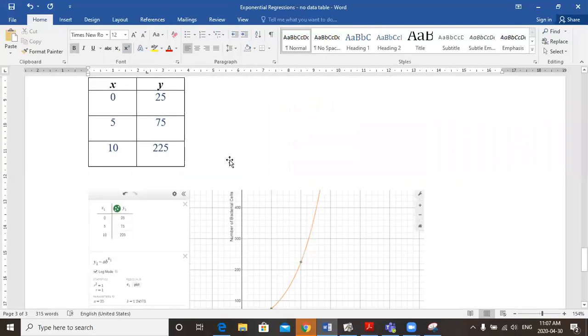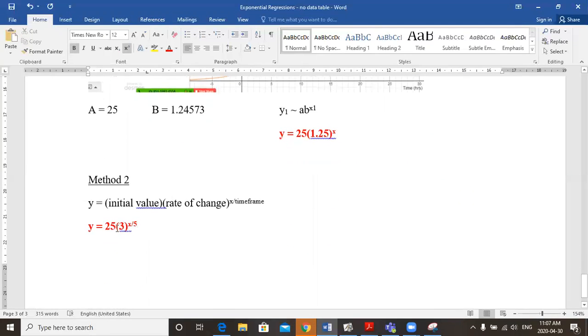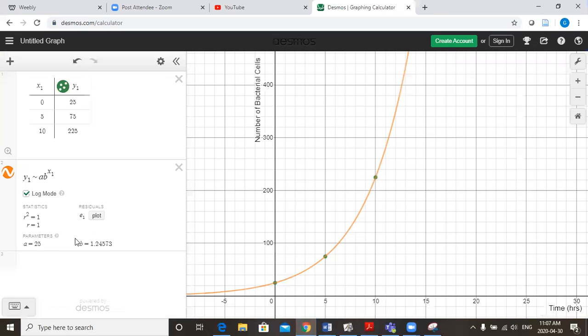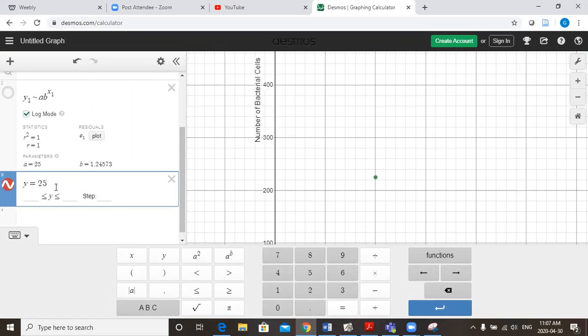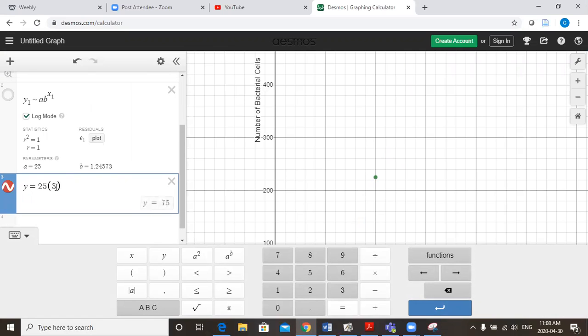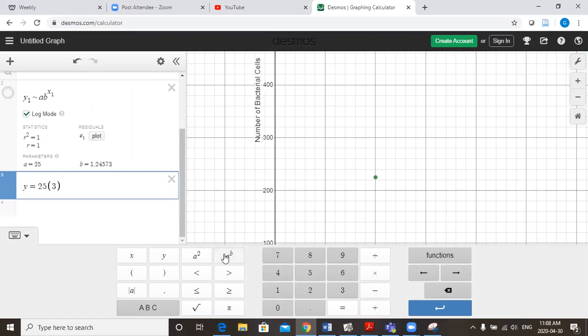To this scenario. So now let's see if this is realistic. So I'm going to hide the regression, and we'll type in the equation that we got using the pre-cal method. y equals 25 times 3 to the power of x divided by 5.